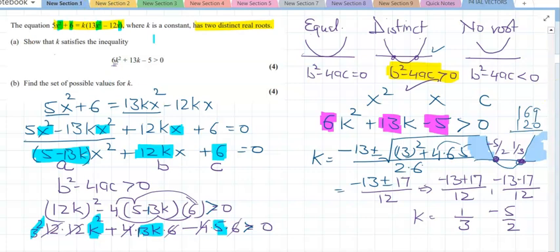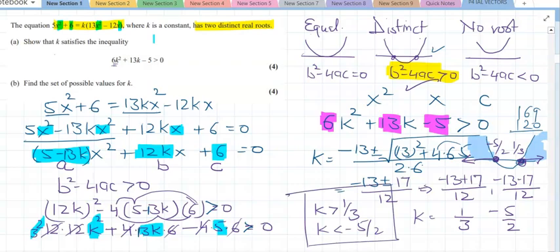So the value of k will be greater than 1/3, and on this side, less than minus 5/2. So k is less than -5/2. That is how we solve this kind of question. Thank you very much.